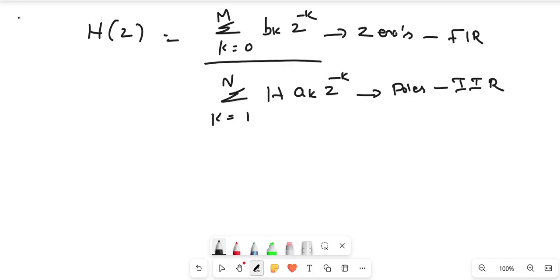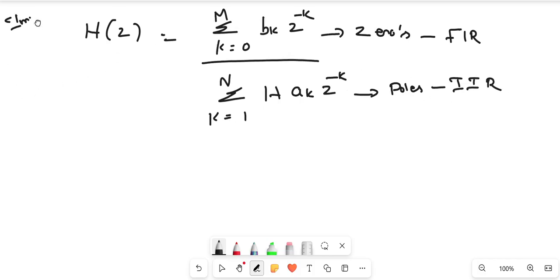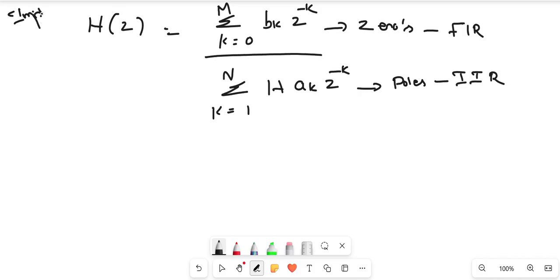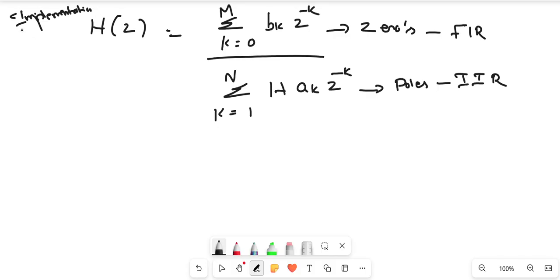Okay, this is your implementation of DT systems. In this unit we will discuss the FIR system.